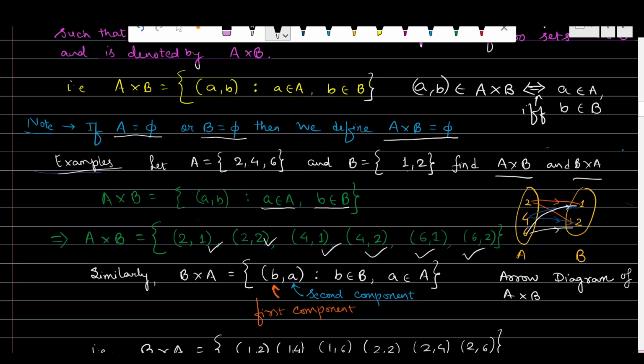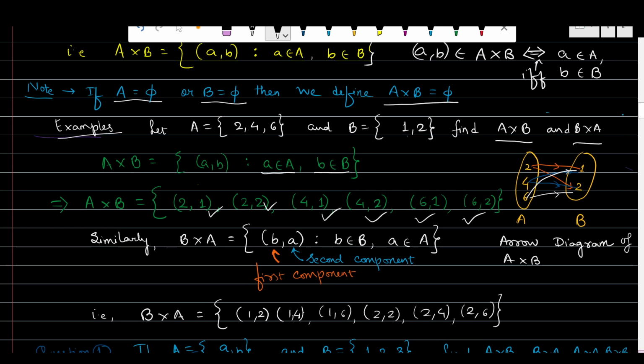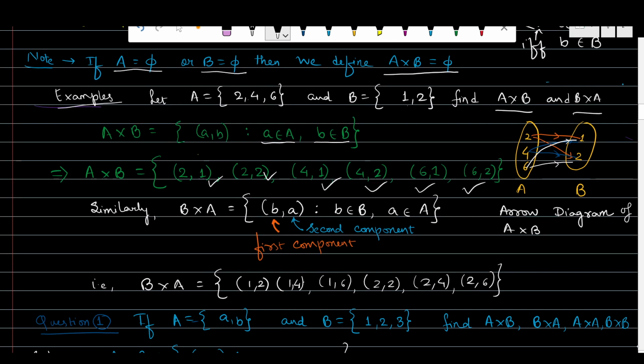Similarly, if you want to find the Cartesian product B cross A, we define this as (b, a). Why (b, a)? Because here B is the first set and A is the second set. Now we will consider all those pairs of the form (b, a) where b belongs to the first set B and a belongs to the second set A. Here b will be called the first component and a will be called the second component.